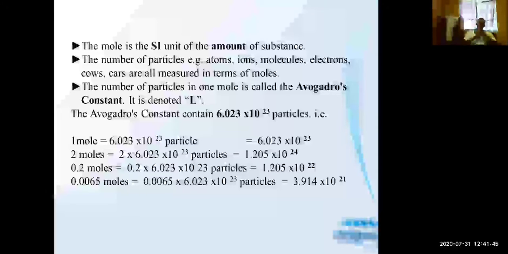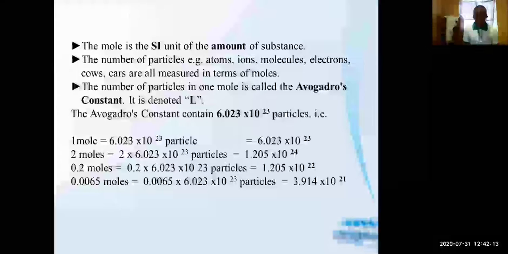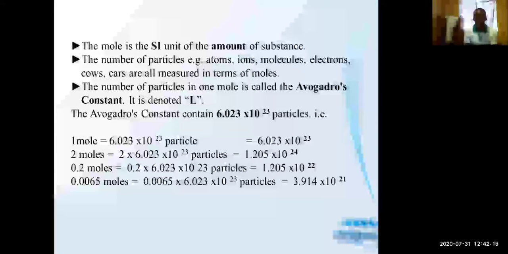So one mole of a substance has a fixed number of particles, which is now called Avogadro's constant.